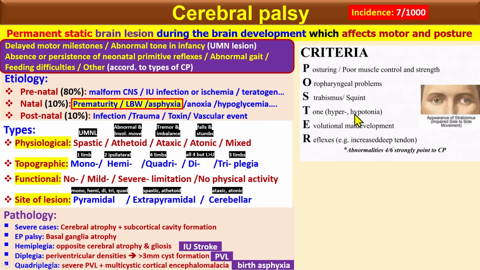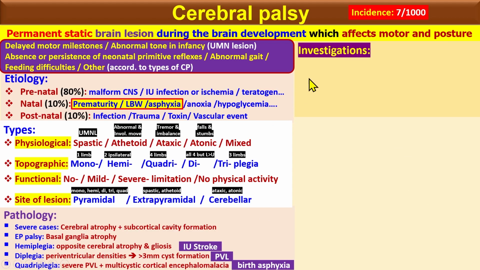Okay, these are the diagnostic criteria. You know better. In investigation, you start with the history and examination of the patient. Okay, and you assess especially the visual and hearing function, because visual and hearing function are mostly affected in cerebral palsy.